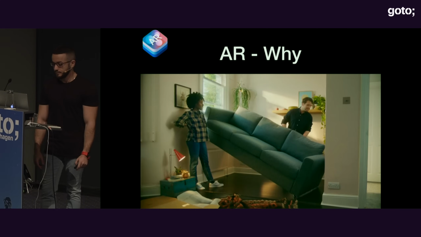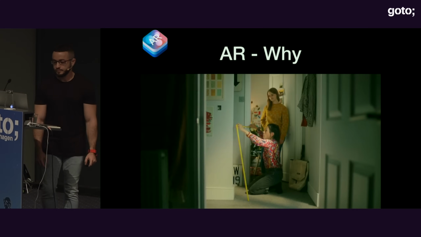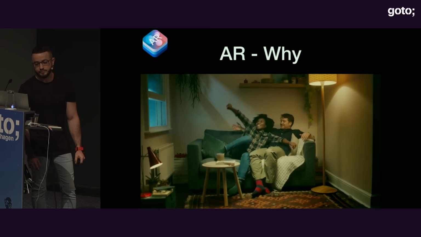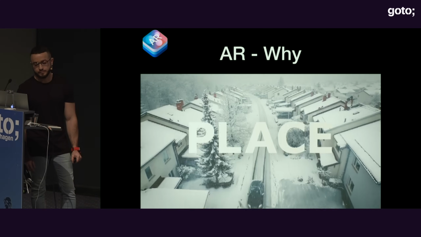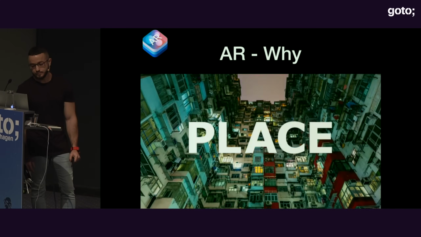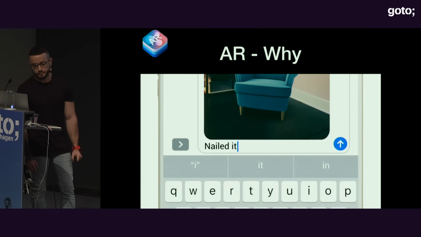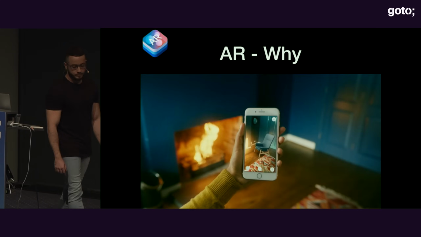So that could mean less of this. And less of this. And probably more of this. We want to make it easier for people everywhere to imagine a better place. Share this place. And this place. Try Place in your place.